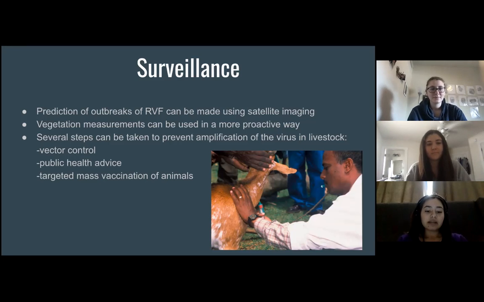And there are several steps that can be taken to prevent the virus in livestock, such as vector control, public health advice to people to not handle infected animals and tissue, and targeted mass vaccination of animals with the highly effective vaccine available. And in this picture below is a recent picture taken in Mauritania of a vaccine development breakthrough for the virus.